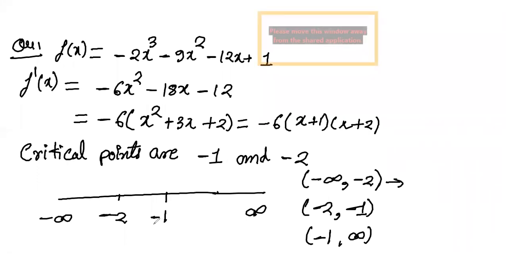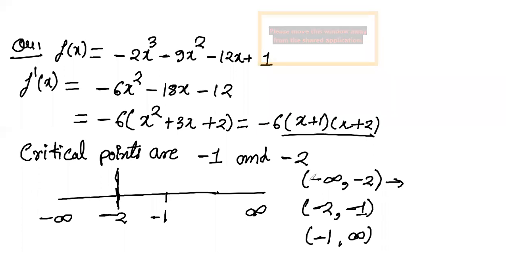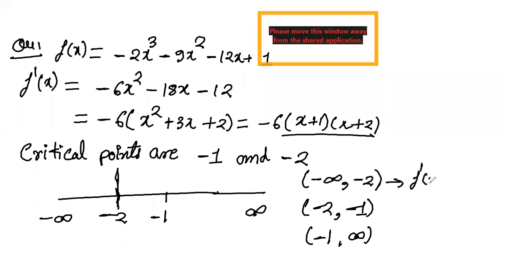From minus infinity to minus 2, let us say minus 3 is the in-between value. Then x plus 1 into x plus 2 will be positive, and negative into positive, we can say f dash x is negative.